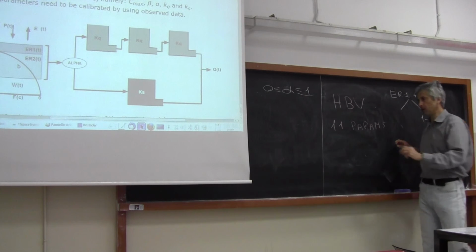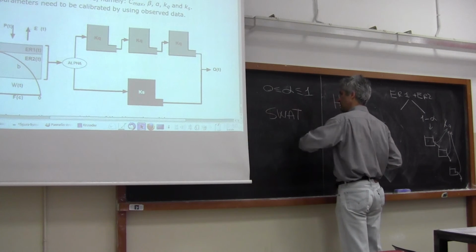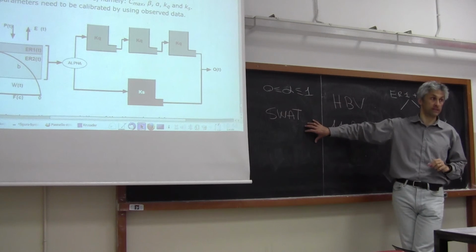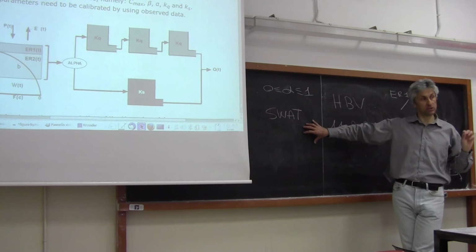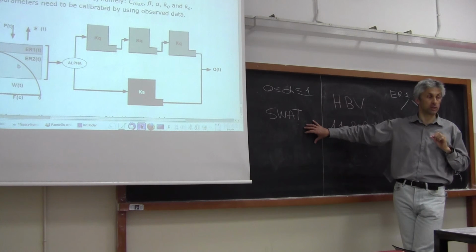And another very popular model is SWAT. SWAT has a module also for simulating water quality, and therefore it is particularly used for agriculture applications, where they also need to take into account the impact of fertilizers on water quality.